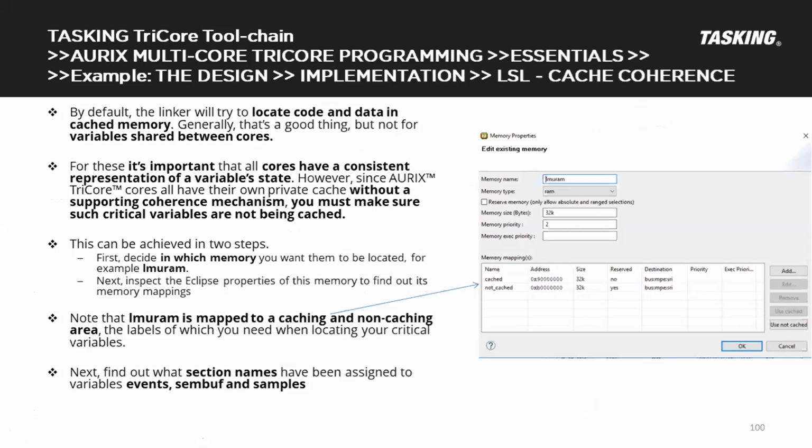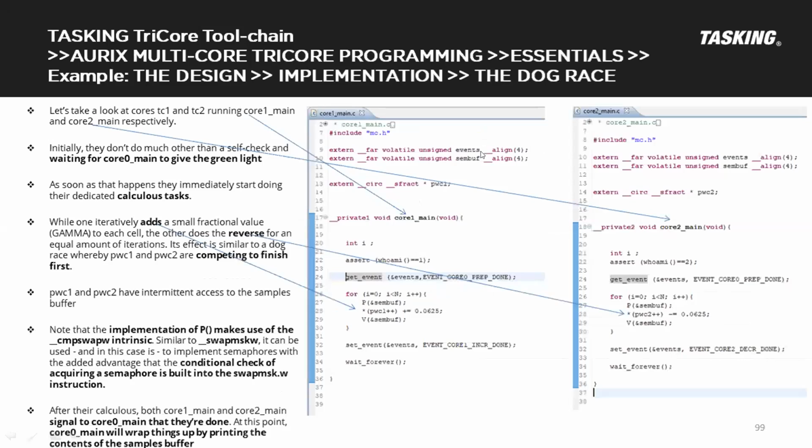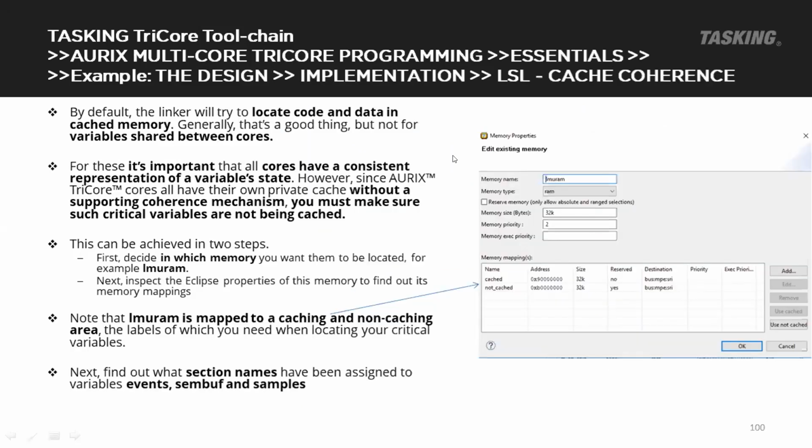So that means for every different cache, once a value is updated, it will not update it automatically in the other caches. And this is a kind of problem. That's why it's really very important to make sure that these data objects will not reside inside the cache.